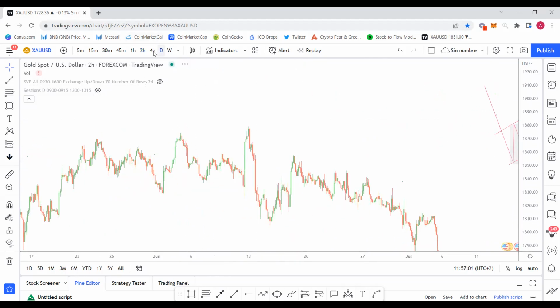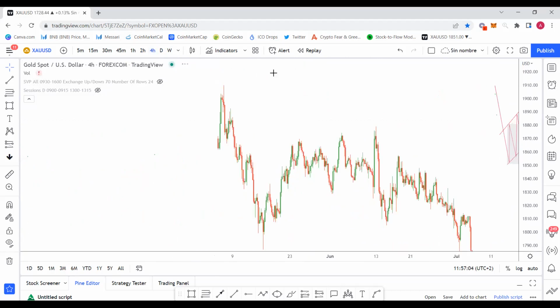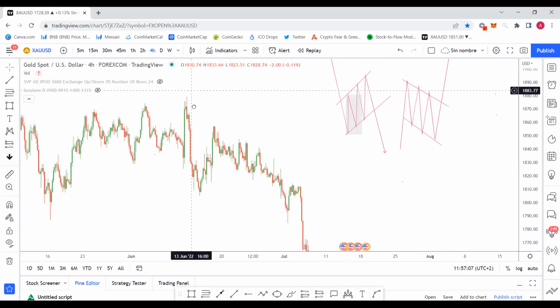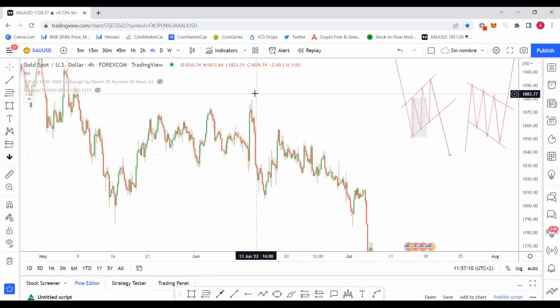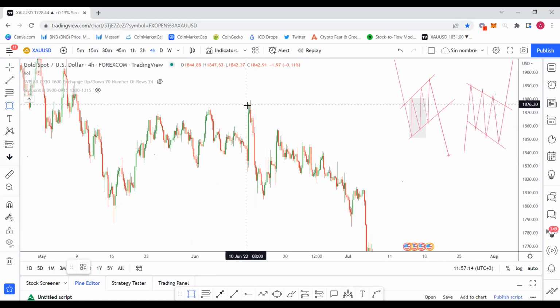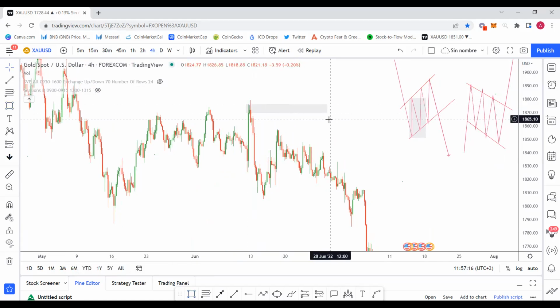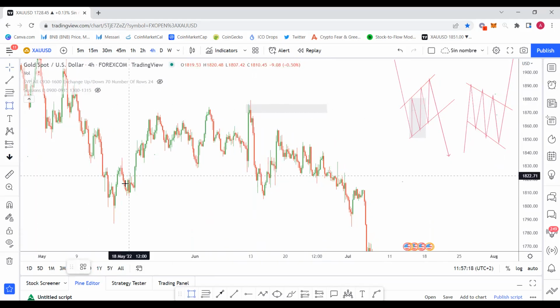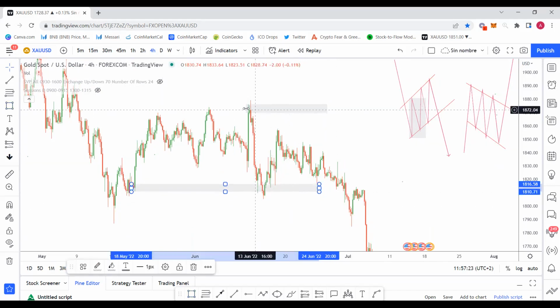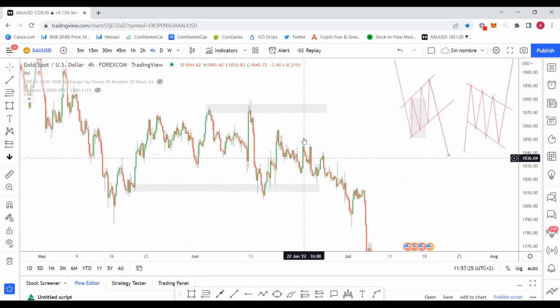Let's see, come on, let's find examples. These things will happen a lot from zone to zone. So for example, you see this, both of these are demand and supply zones.